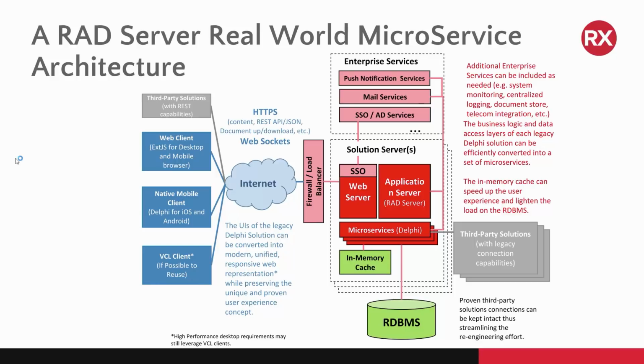So this is an example of a modern architecture that is made possible from RAD Server, and for which they might be able to reuse some of the existing code in terms of the VCL client and in terms of the data access logic and some of the legacy applications.